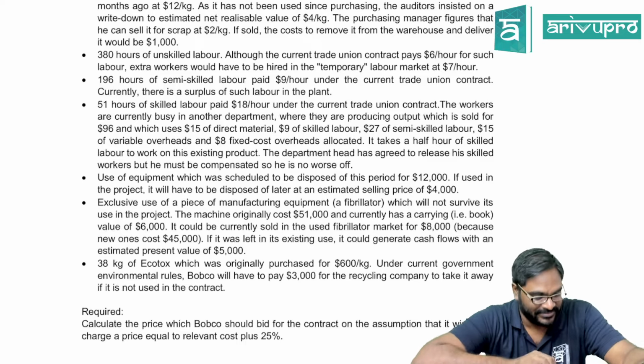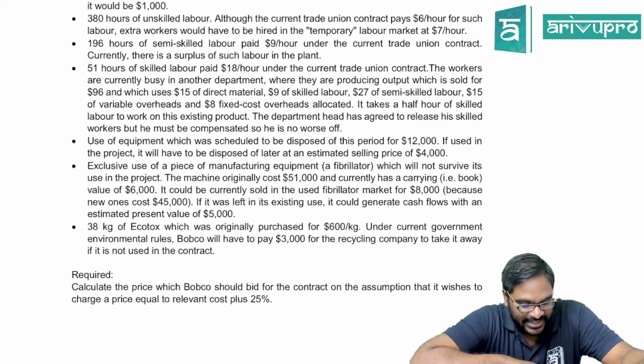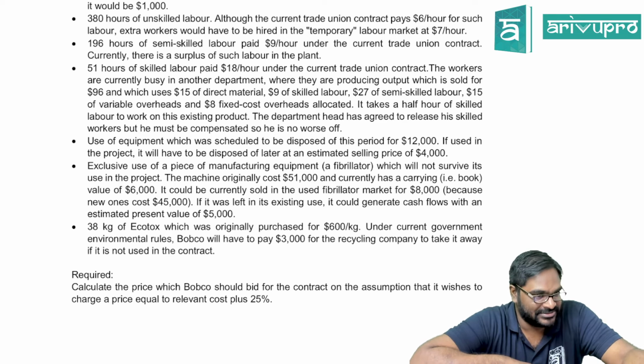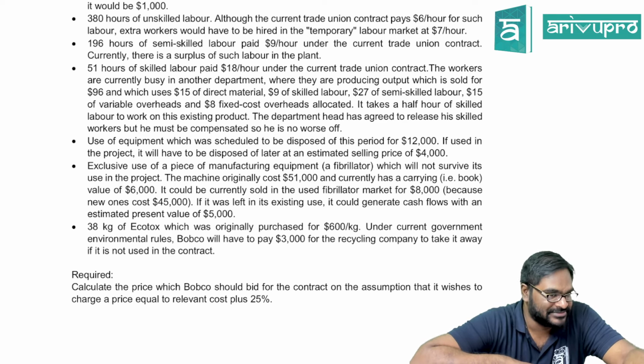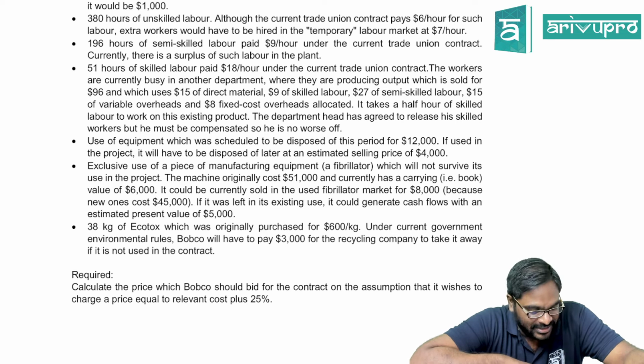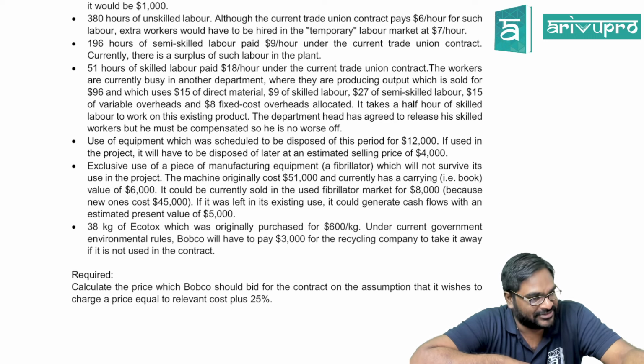Right. Next one. Exclusive use of a piece of manufacturing equipment which will not survive its use in the project. So that means after the project that will be out. The machine originally cost $51,000 and currently has a carrying value of 6,000. Are either of these relevant for us?